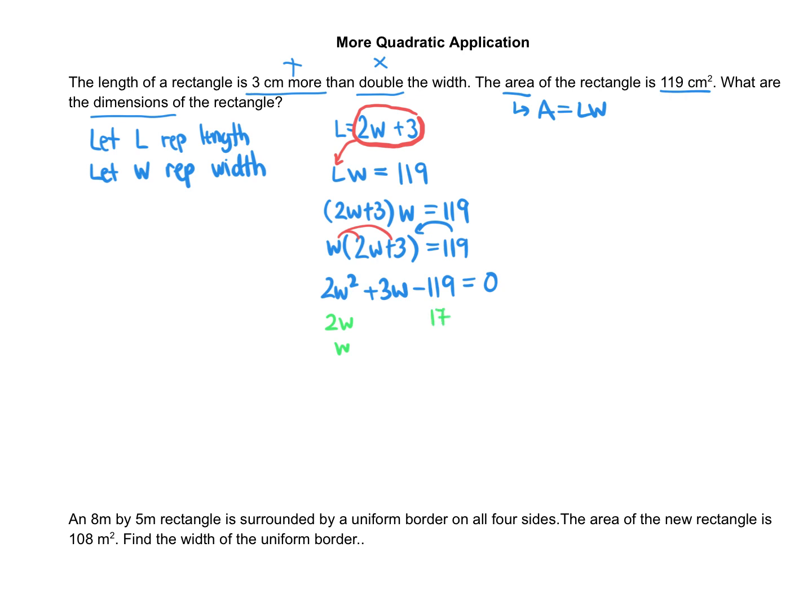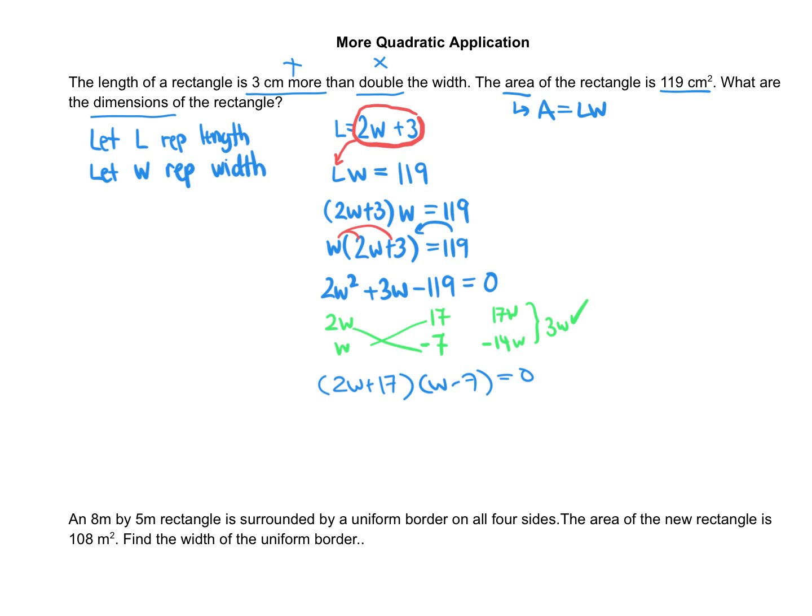So I'm going to try putting the 17 here, the 7 here. One of them is going to have to be negative. But this is 17W. This is 14W. If the 14 were negative, that would be perfect. So I'm going to make the 7 negative. And now these do add up to 3W. So that's great. So 2W plus 17 and W minus 7 equals 0.